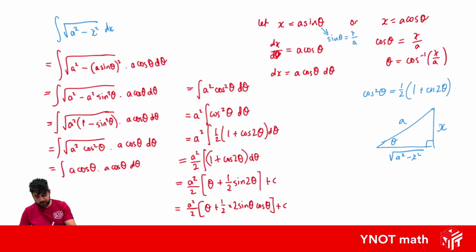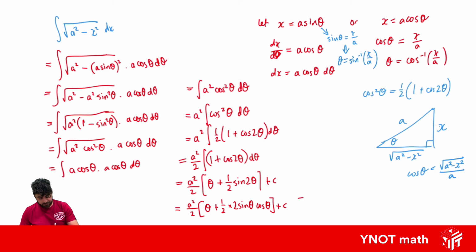So doing that, we can get our expression for cos theta being our adjacent side, which is the square root of a squared minus x squared over the hypotenuse, which is a. And we also need an expression for just theta on its own because we have this theta term. We can use this over here. So using this, we can just say that theta equals the inverse sine of x over a. And now we should have everything we need to put everything back in terms of x.